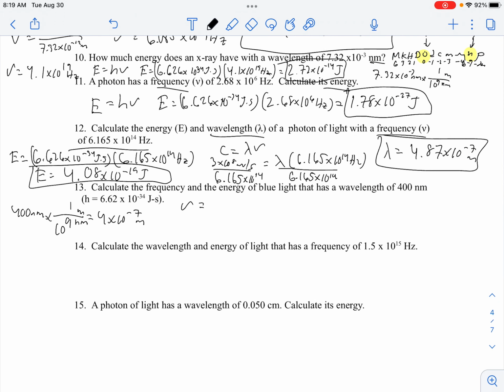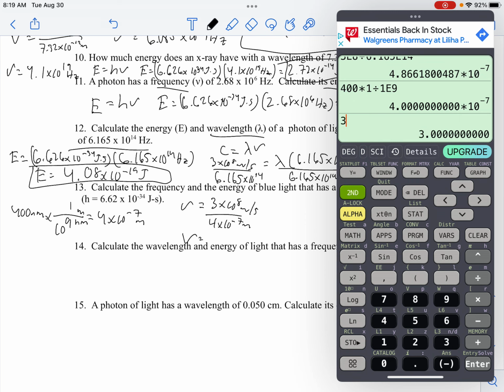Now I can plug it in: speed of light divided by my new wavelength in meters. Frequency is going to be 7.5 times 10 to the 14th hertz.